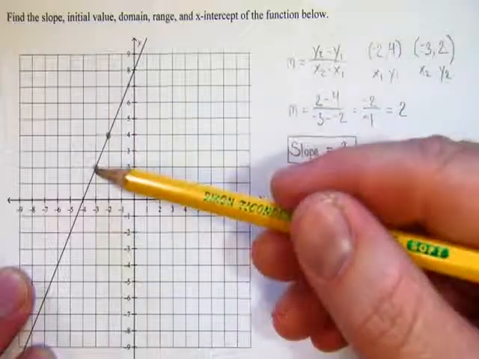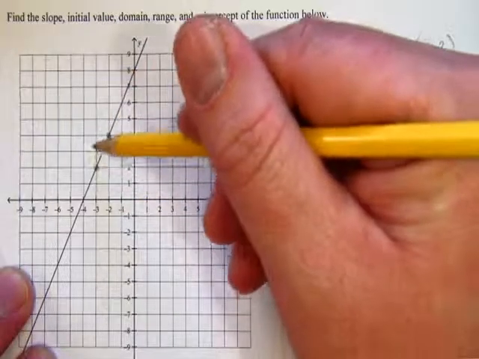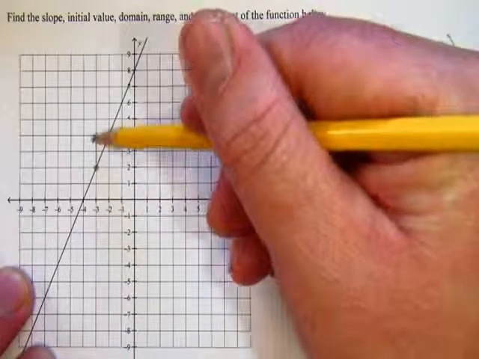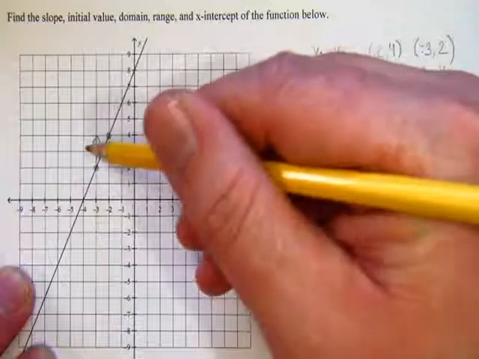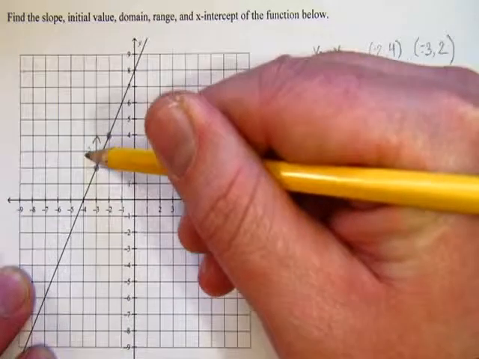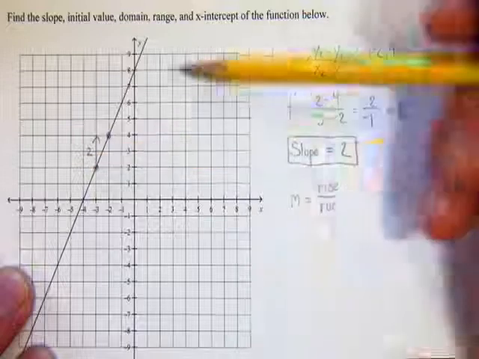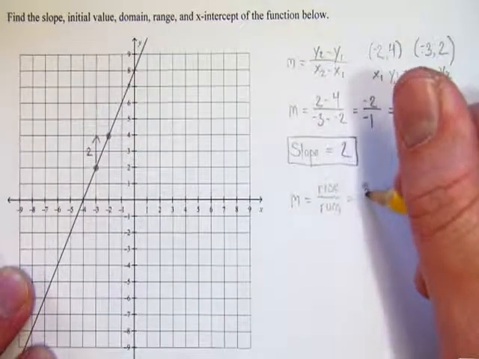So starting from the point that's most on the left, that's this one, we rise up to get to the same level as the other point. Well, how far did we rise? We rose 2. We went up 2 places. Had we gone down, we would say that this was a negative value, but we went up. So our rise is 2.